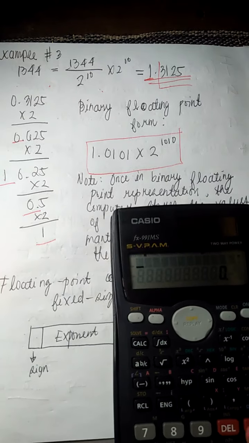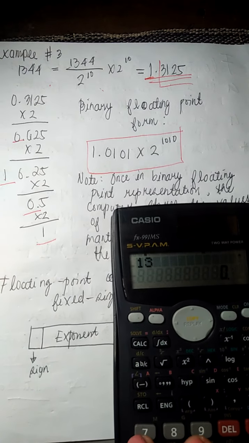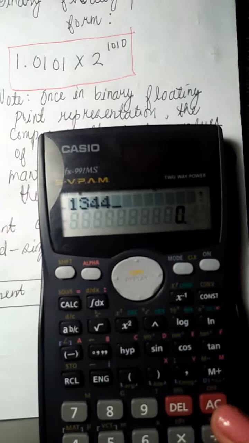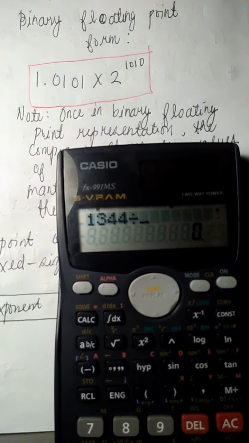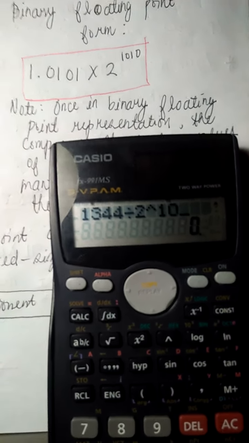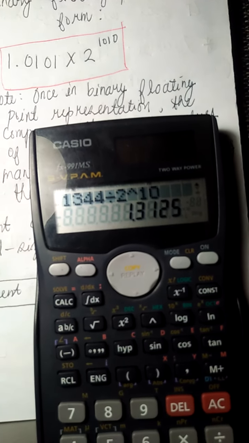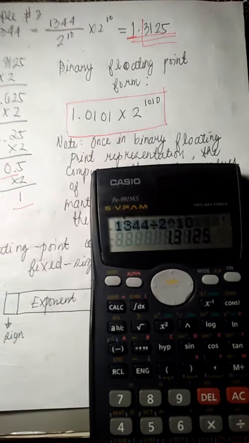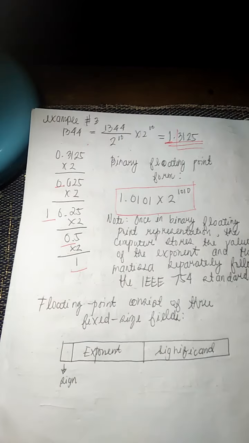That is, 1344 divided by 2 to the 10 is 1.3125.